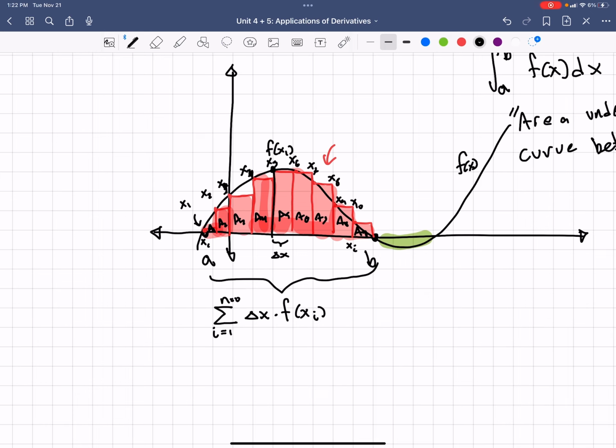So what this tells me is to basically do delta x, the base, times the height, which is f of x sub 1, plus delta x times the height of the second rectangle, plus the height of the third, and then you're gonna keep doing that until you reach the last one, which will be x sub n, which in this case was 10, or 11.